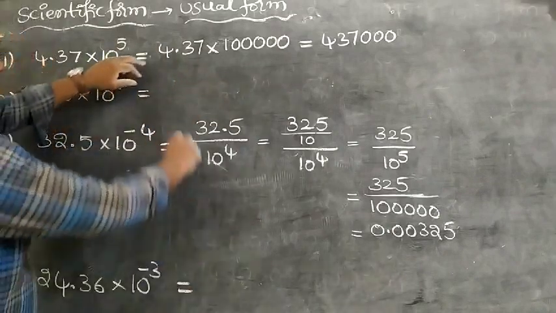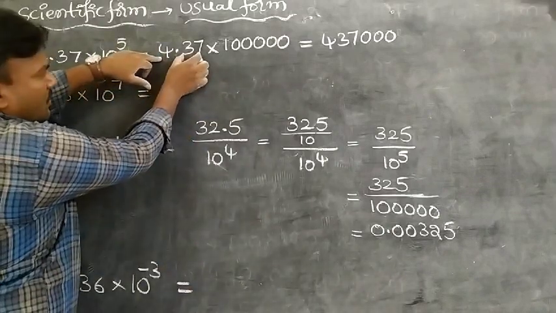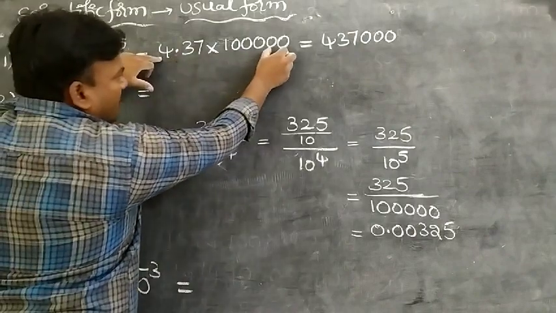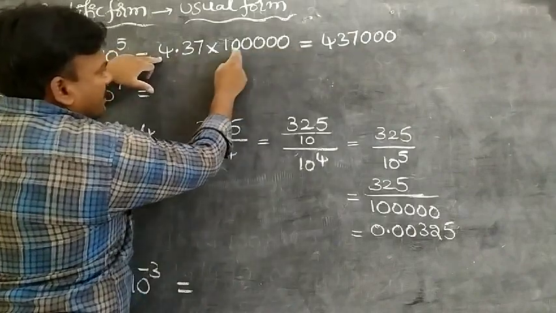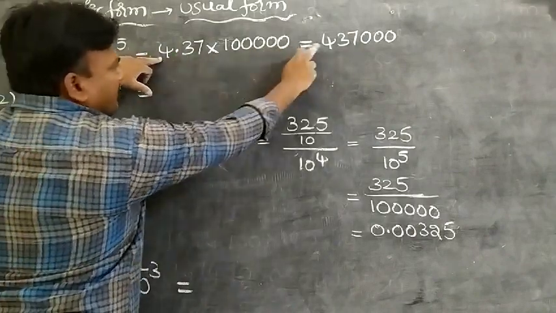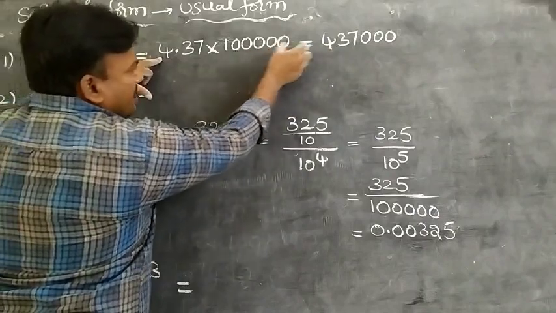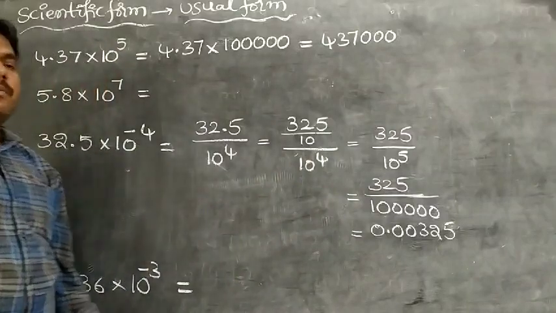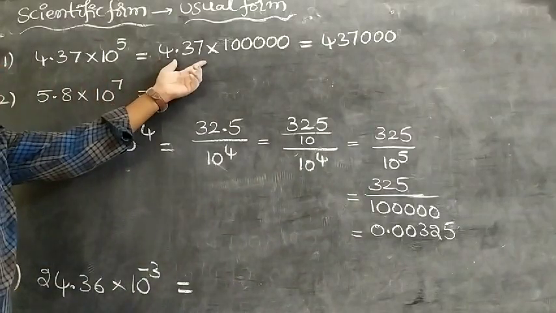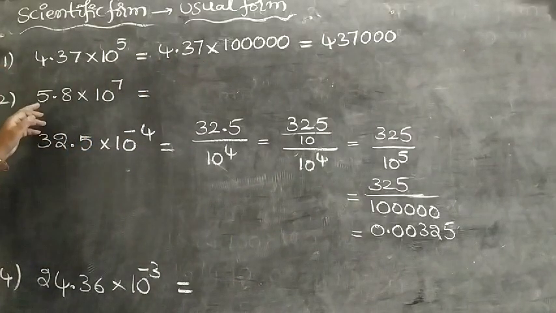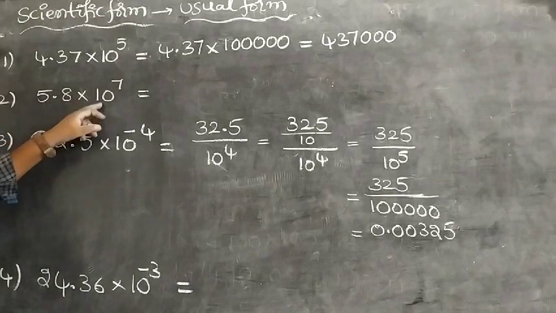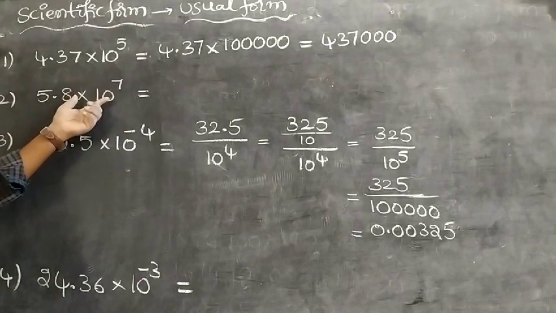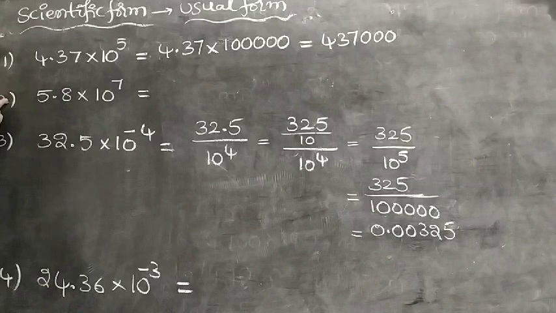If we remove the point, 2 digits are there after the point, so remove 2 zeros here also. Remaining 3 zeros are there. So 437 as the same, and the remaining 3 zeros as they are. This is the usual form. I hope all are understood. Same problem, observe the second one: 5.8 into 10 power 7. Practice the same as this in your house. This is a homework problem, students.